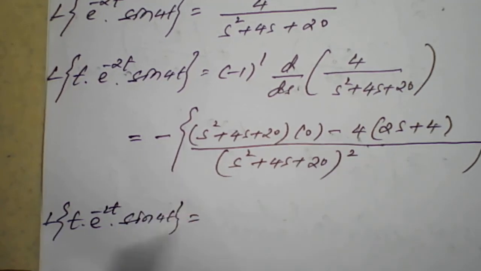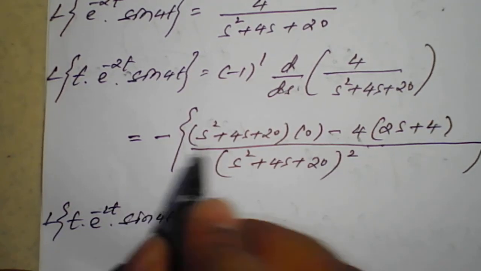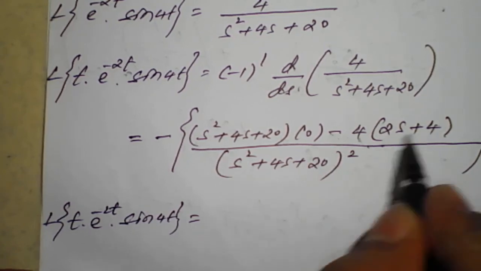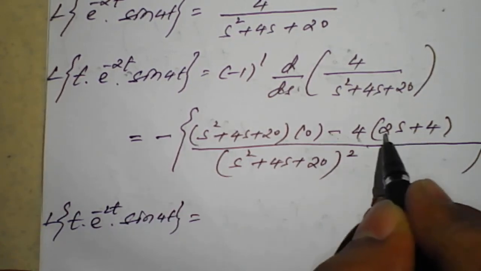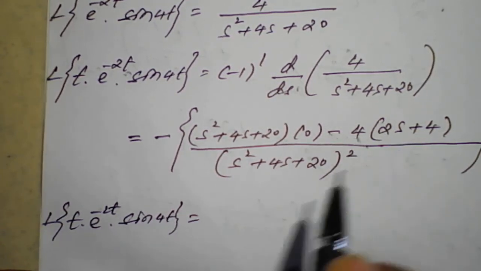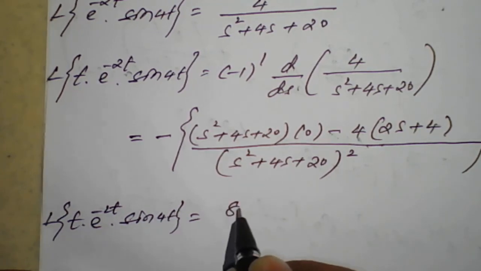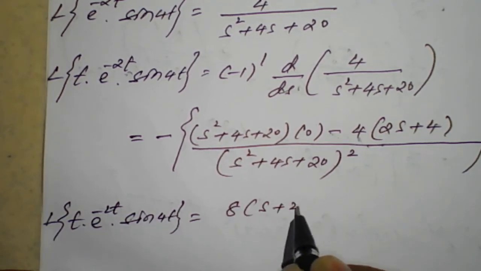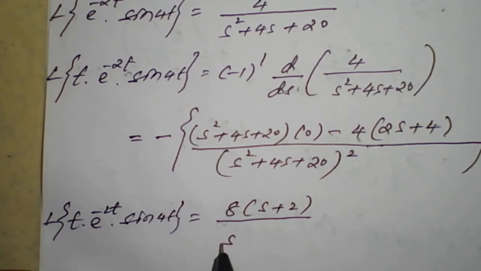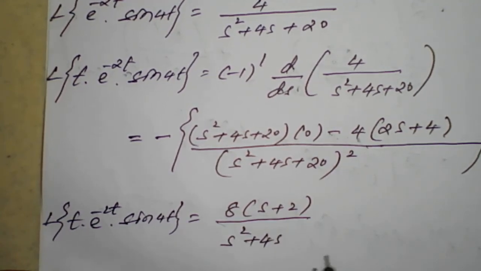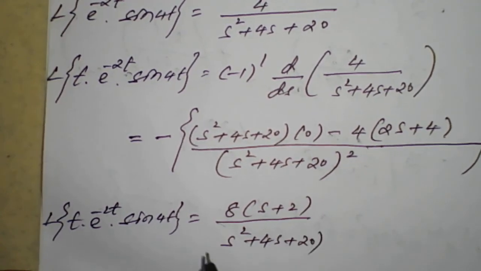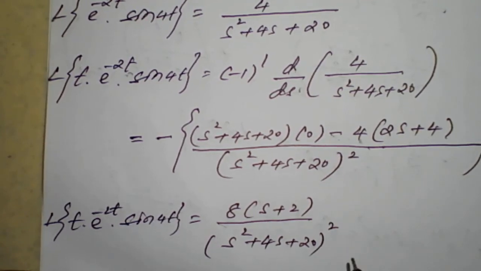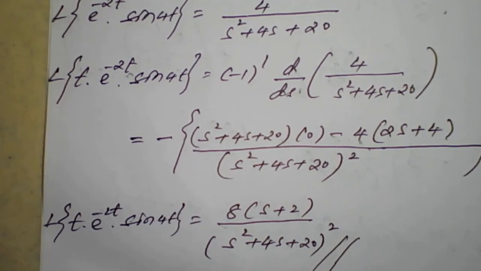Therefore we'll neglect the negative sign because of minus minus plus. Among this I will take 2 common also. If I take 2 common, it will become 8. So 4 2s are 8 times s plus 2 divided by s square plus 4s plus 20 whole square. This is the final result of this given Laplace transform.